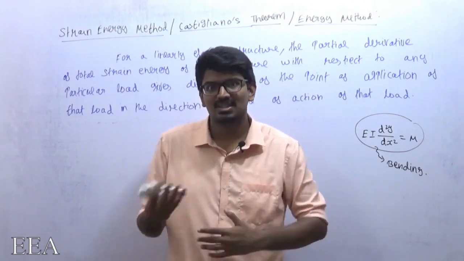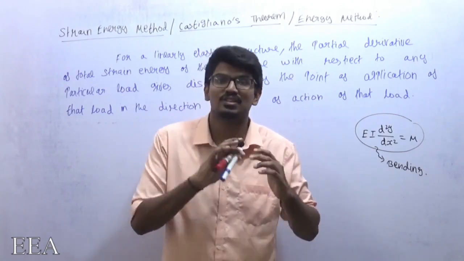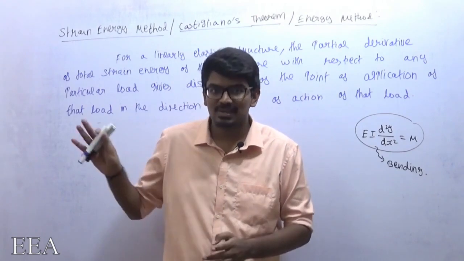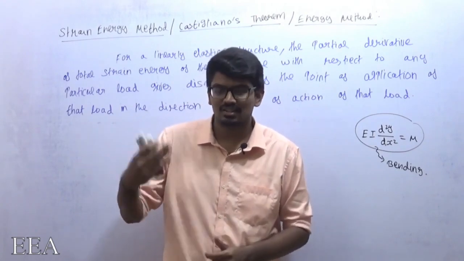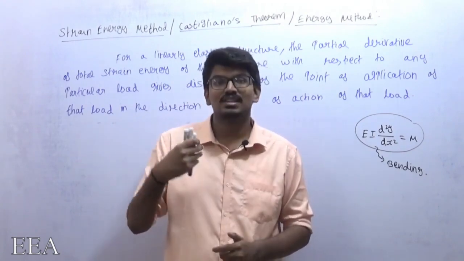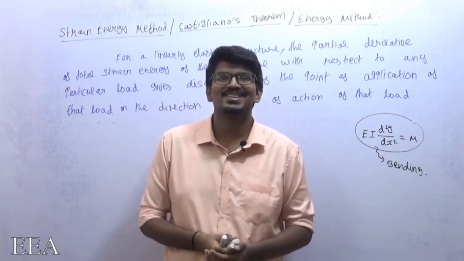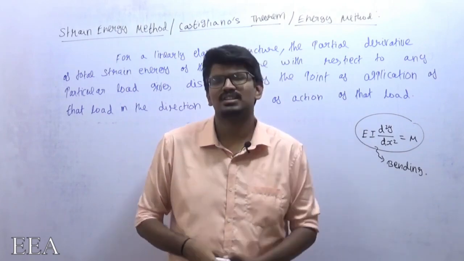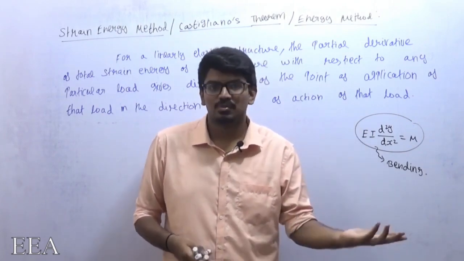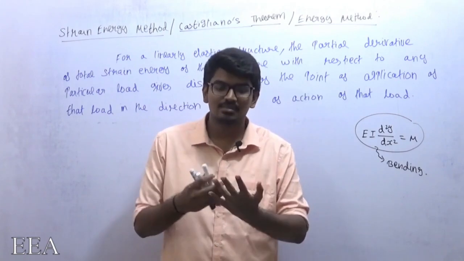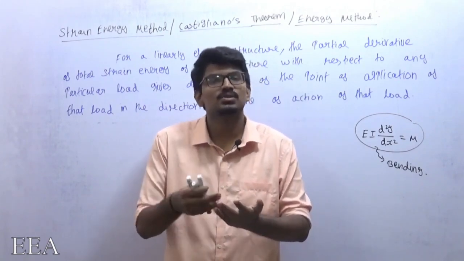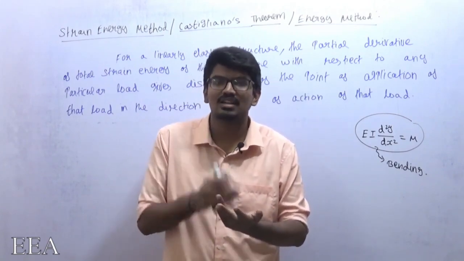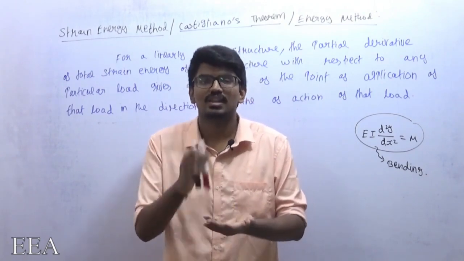There might be some other methods, but they are not necessary for GATE. As I said, four methods are there: double integration, Castigliano's theorem or strain energy method, the third one is the moment area method, and the fourth one is the principle of superposition. The second method is the only one that can be used for determining deflection under a pure axial loading case.